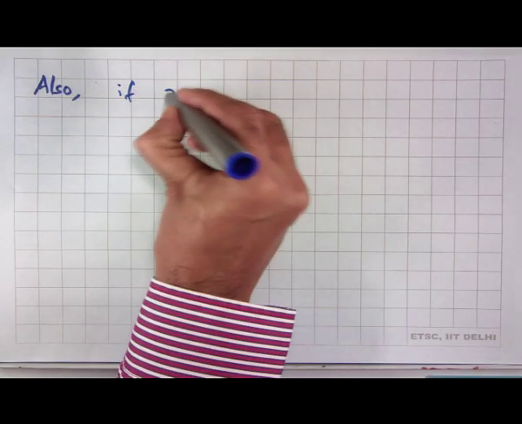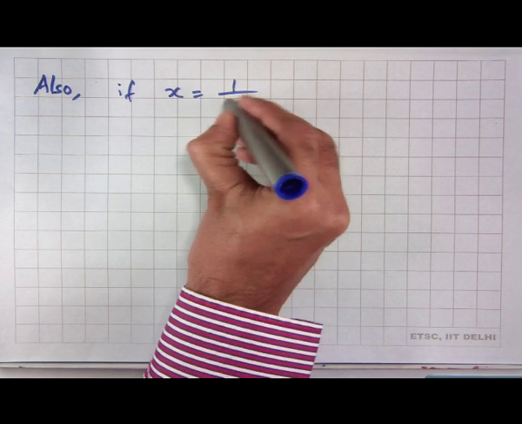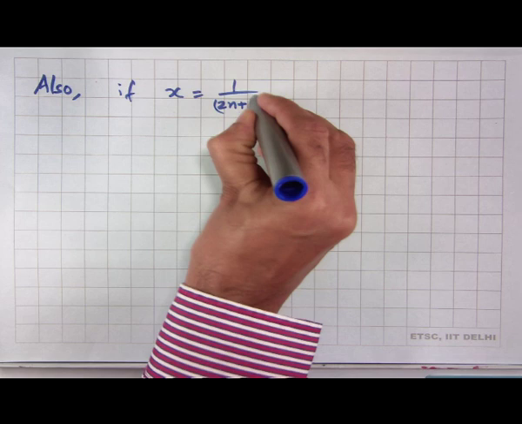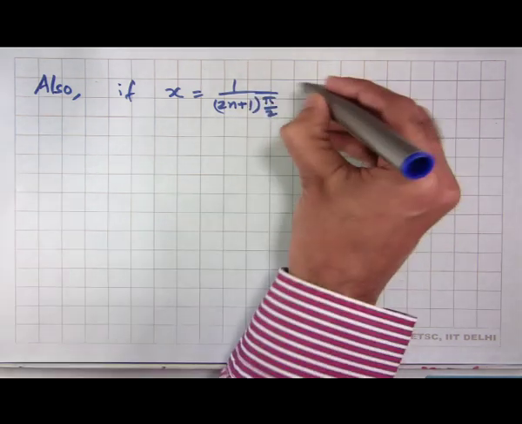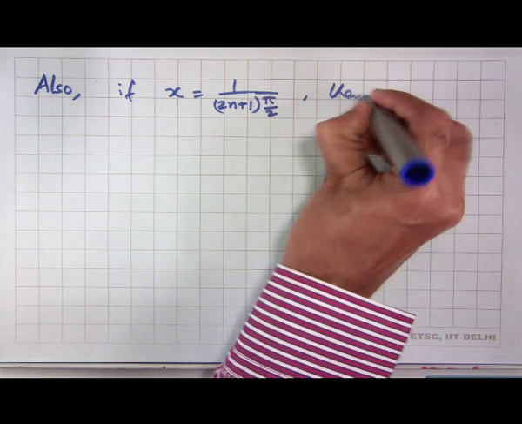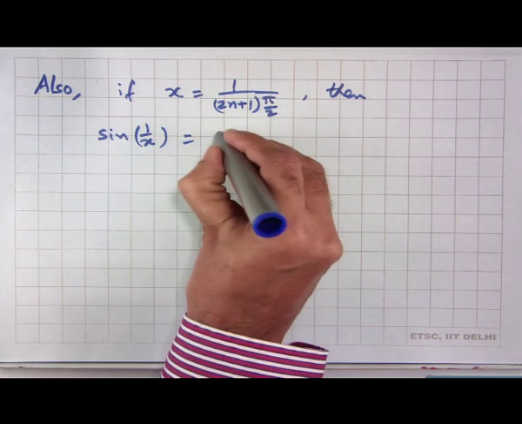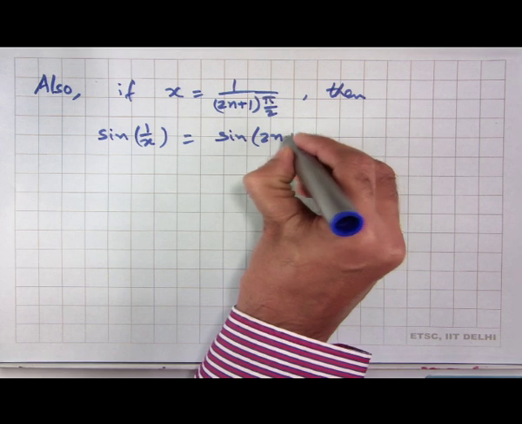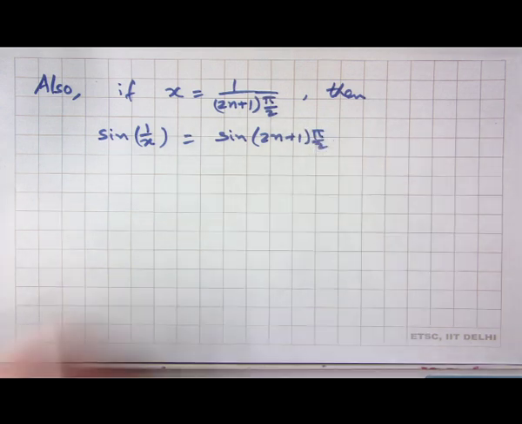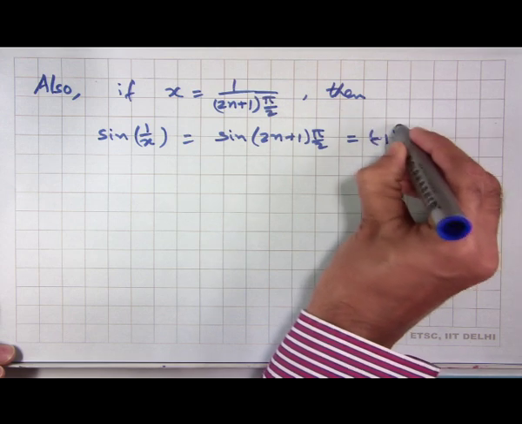Also, if x is equal to 1 by (2n plus 1) pi by 2, then sine 1 by x is equal to sine of (2n plus 1) pi by 2, which is equal to minus 1 to the power n.